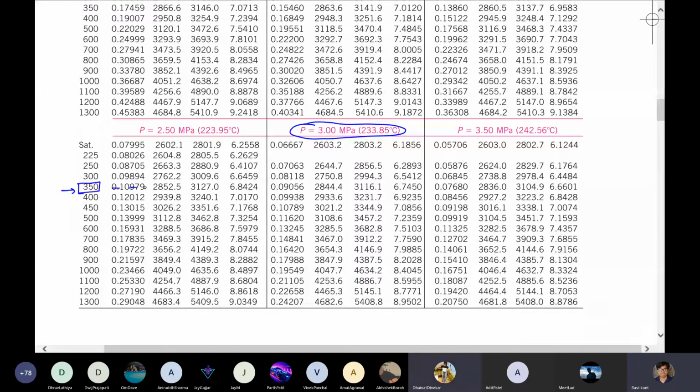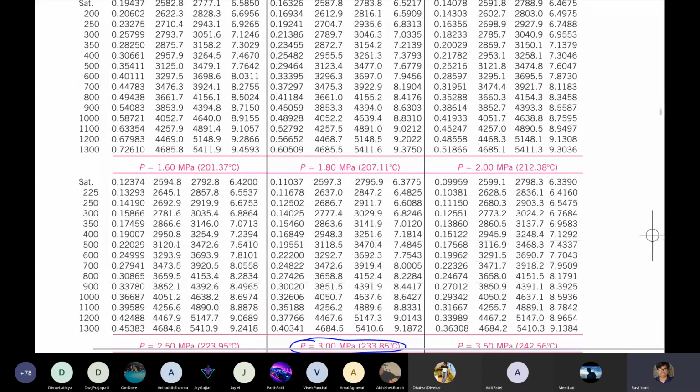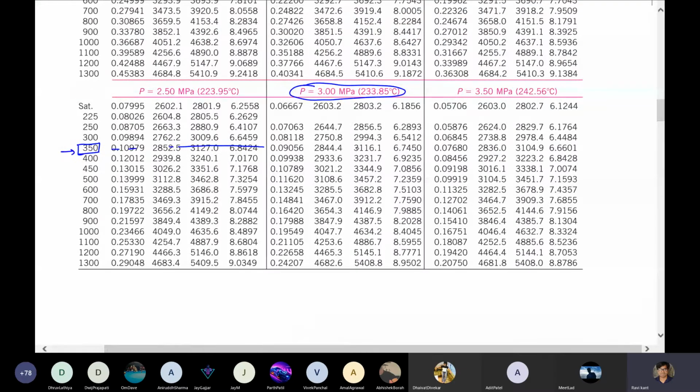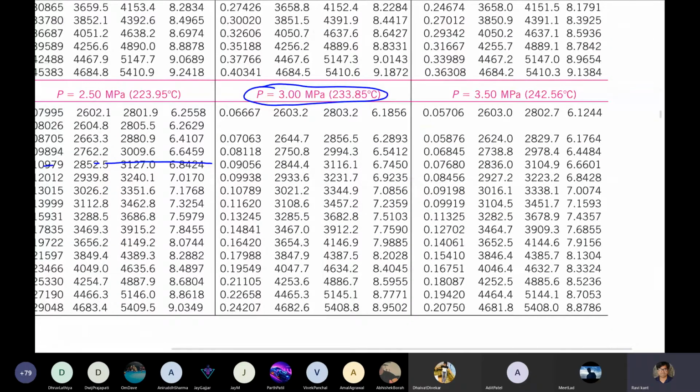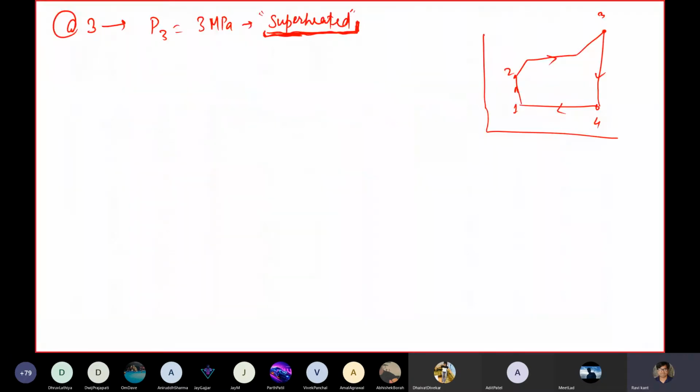At 350 degrees C, these numbers are V, U, H. I want to deduce H and S at least. H will be second last and S last, so I should write these two numbers: 3116.1 and 6.7450.